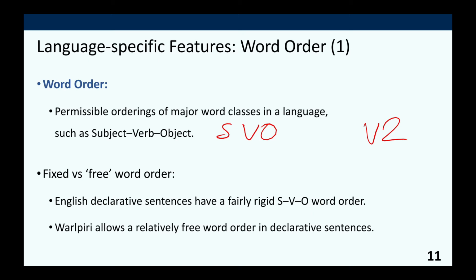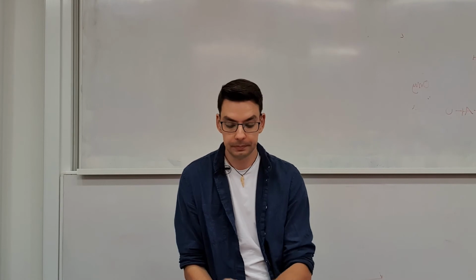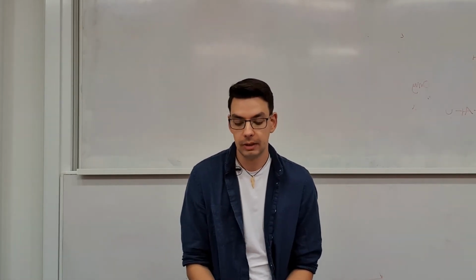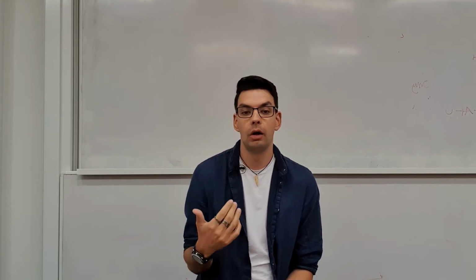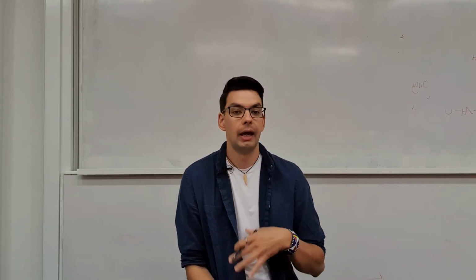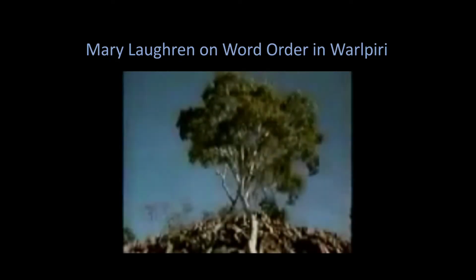It's not quite anything goes, but they can be ordered much more freely in a sentence. So we'll have a quick look at a recording from a documentary documenting Mary Laughren's work with the Warlpiri people in Central Australia, and she'll have something to say about the word order.